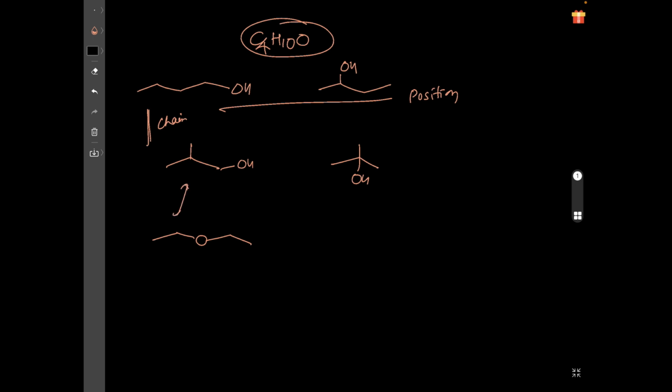These two you can call functional group isomers. These two you can call metamers. So all types you can consider here. Position isomers, chain isomers, functional group isomers, and metamers, all these you can take. One more example is possible, that is this one. So a total of 7 isomers will be there for C4H10O. In that, position, chain, functional group and metamers are all available.